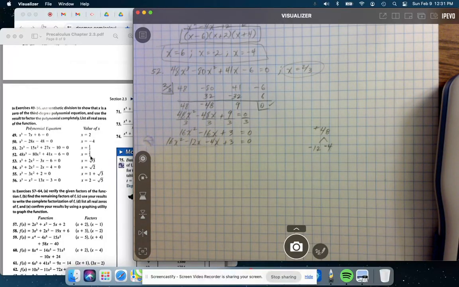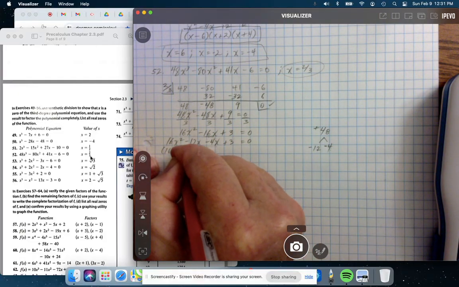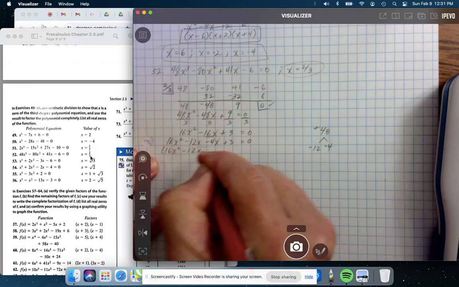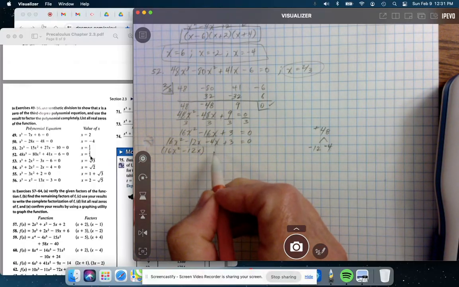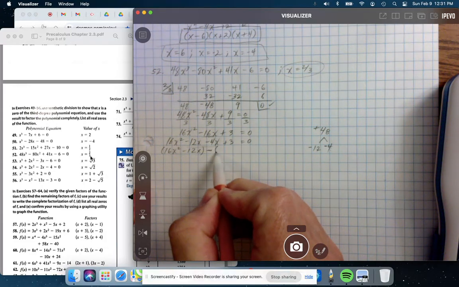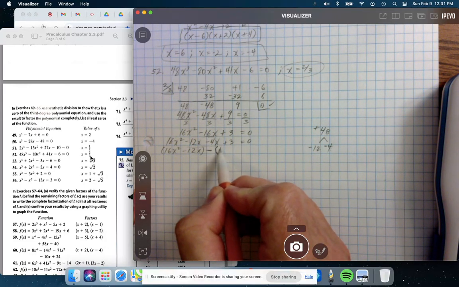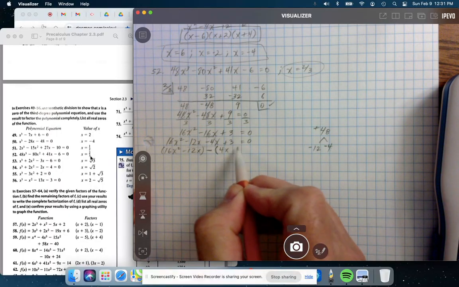All right, and the next step in this trick for factoring is you group them in pairs. So I'm going to have 16x squared minus 12x. Be very careful here. If you put minus out here, because that's a minus, that's going to change the sign of both of these. So that's going to be positive 4x there, and that's going to be a minus 3.